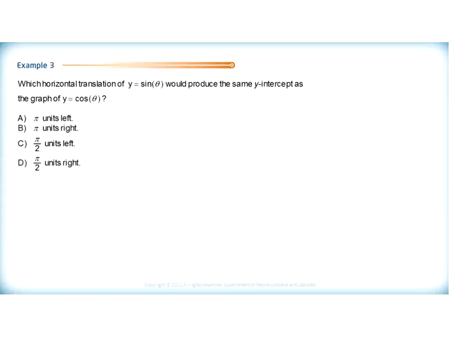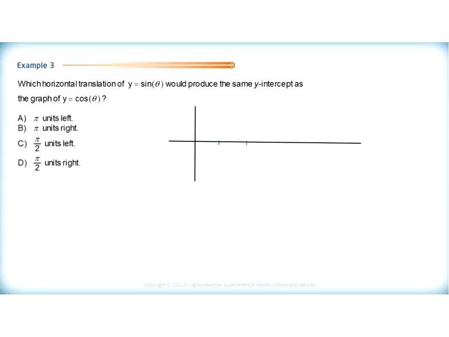In the next example, it says, which horizontal translation of y equals the sine of theta would produce the same y-intercept as the graph of y equals the cosine of theta? In order to answer this question, I'm going to sketch the graph of both of these functions on the same grid. So I'm going to take the graph of y equals the sine of theta.